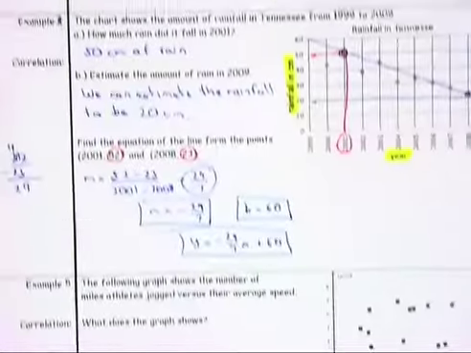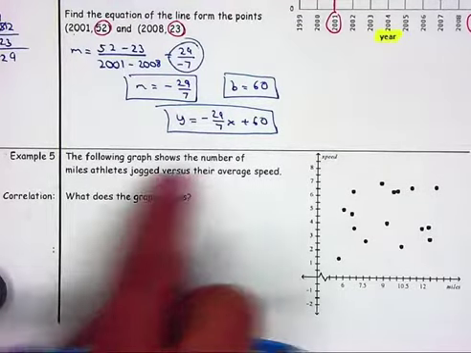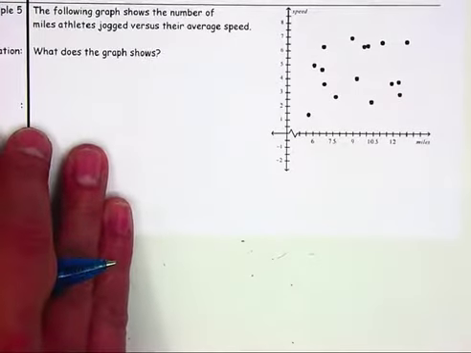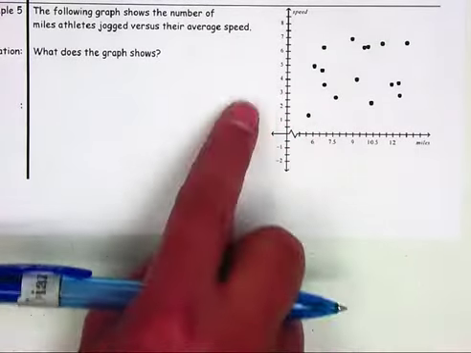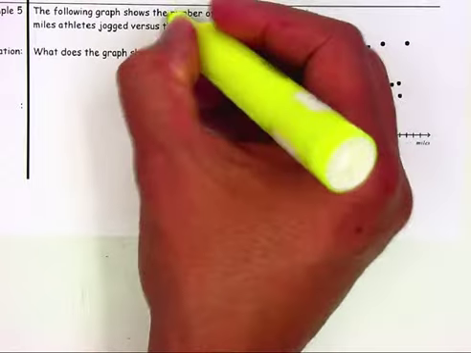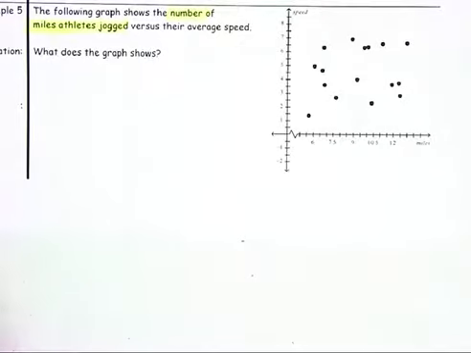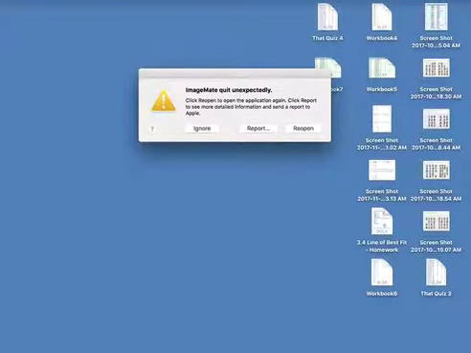And the last problem. The following graph shows the number of miles athletes jog versus the average speed. And if you notice, in this case your x's and y's are not labeled. So we're going to write that down: the number of miles versus their average speed.